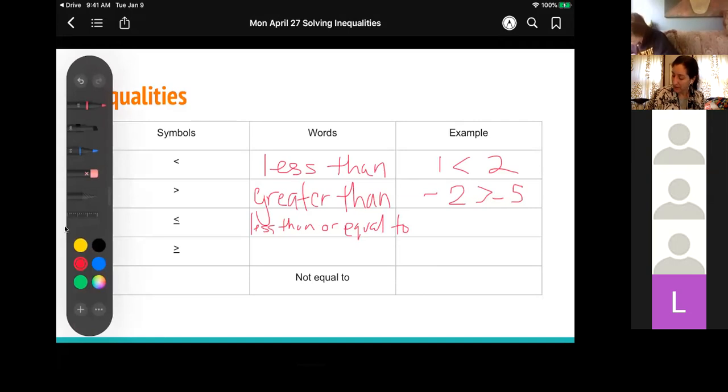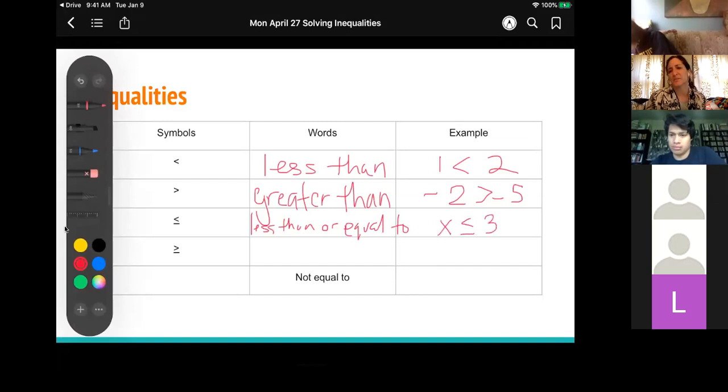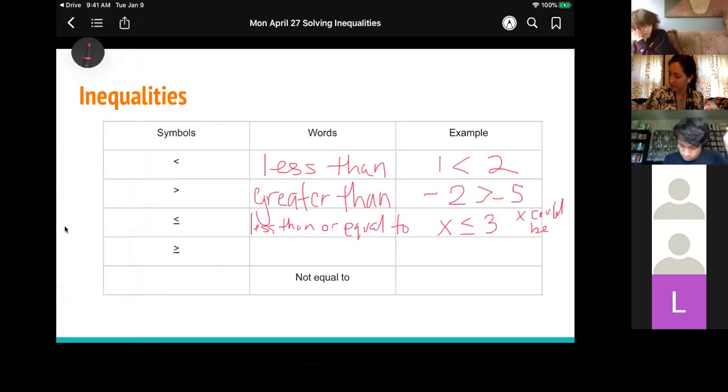And if I say x is less than or equal to 3, what are some options x could be? If x is less than or equal to 3, what's one option? 3.